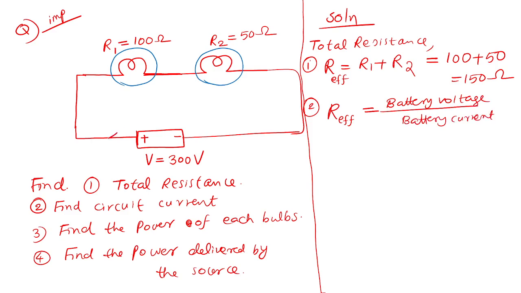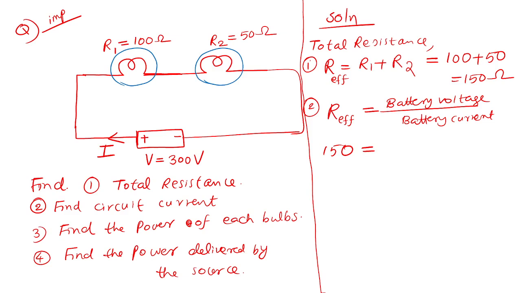Battery current means some current is starting from the battery, right? That is said to be battery current. So please never forget it. Whatever may be the circuit, the effective resistance has the general formula, battery voltage by battery current. Never forget it.